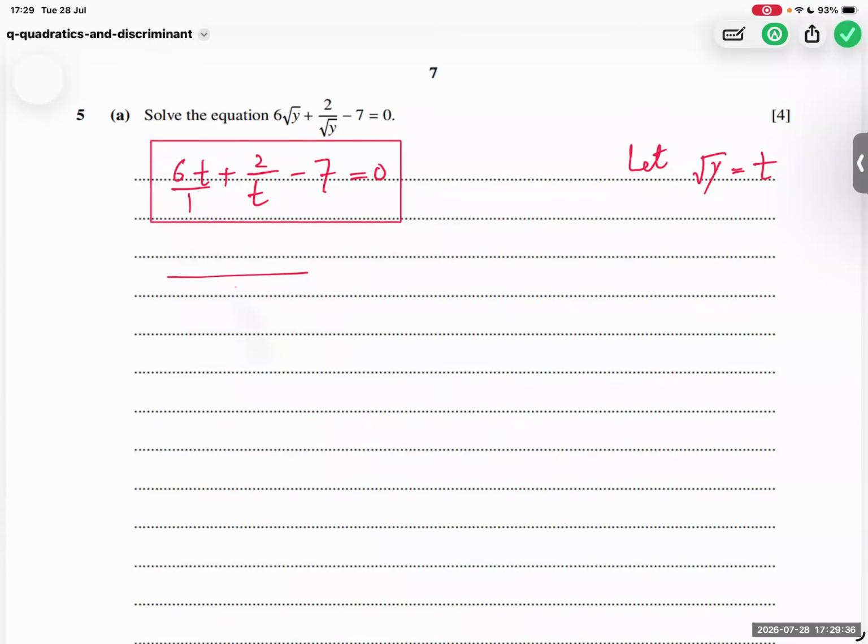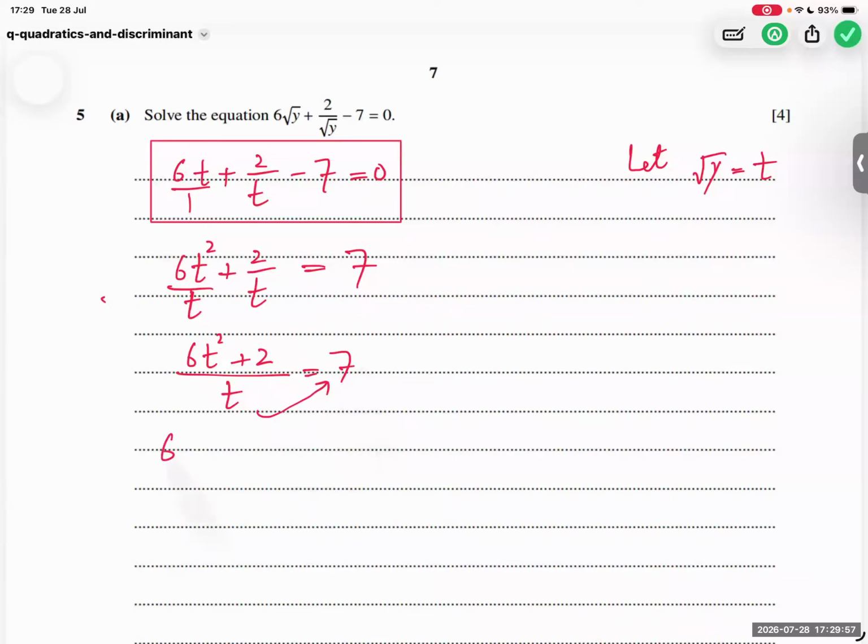Taking LCM, that would be 6t plus 2 divided by t is equal to 7. That would be t, that is 6t squared plus 2.